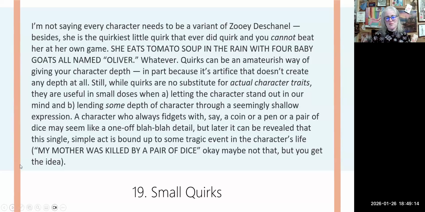A character who always fidgets with, say, a coin or a pin or a pair of dice may seem like a one-off detail, but later it can be revealed that this single, simple act is bound up to some tragic event in the character's life. My mother was killed by a pair of dice. Okay, maybe not that, but you get the idea.